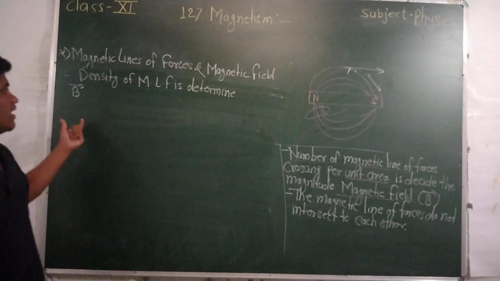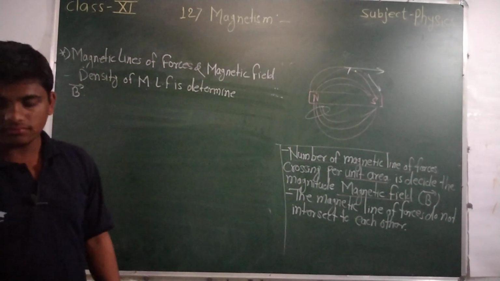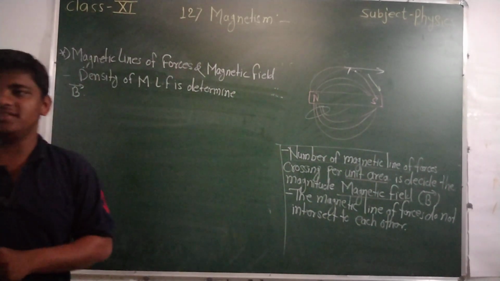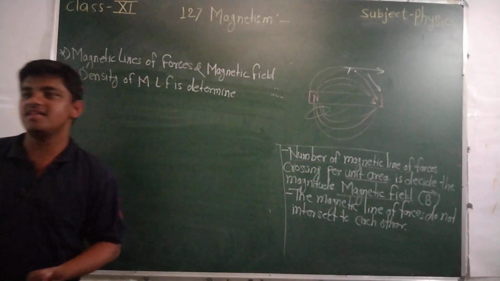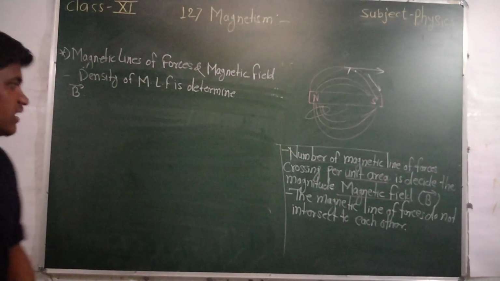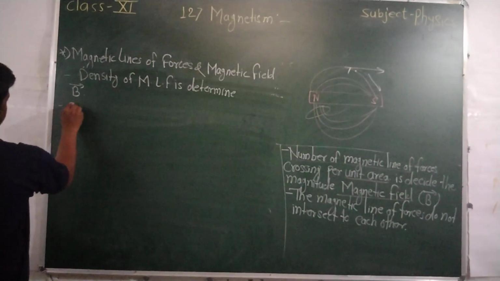It determines the magnetic field. Then the number of lines of force, or number of magnetic lines of force, is called magnetic flux.